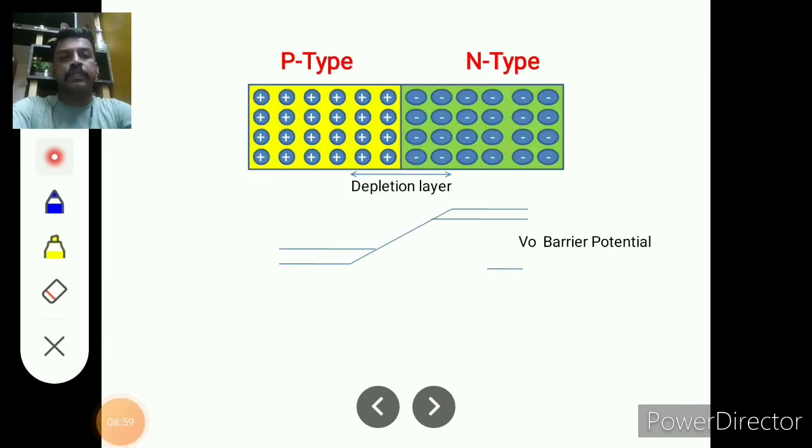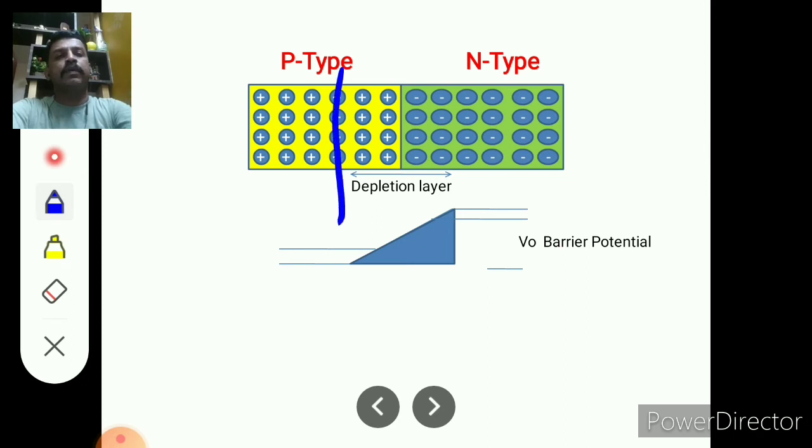Now with this figure, we consider how the potential barrier will form. Initially, due to the diffusion, the potential barrier is like this, and it will increase. So like this, the potential barrier or the depletion layer will increase. This is the region where we consider that holes and electrons are diffused.